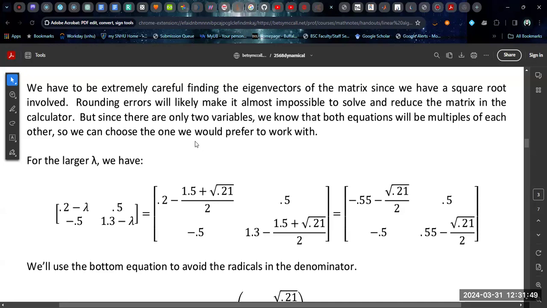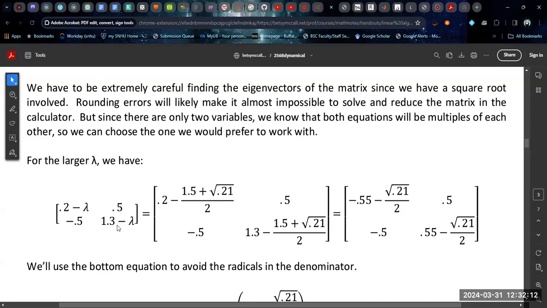It is terrible and irritating and inconvenient, but if you try to put these in the calculator as decimals, square roots of decimals, the rounding errors in the calculator will almost certainly treat your matrix as an independent matrix and not as a dependent matrix. And so it won't help you at all.